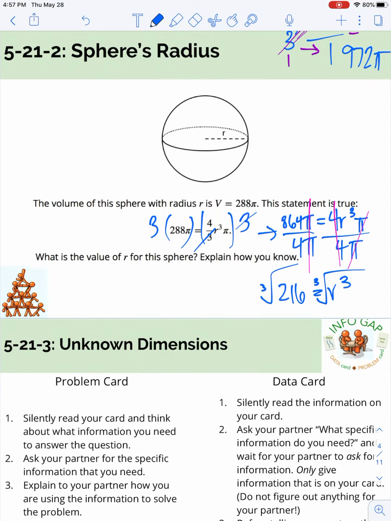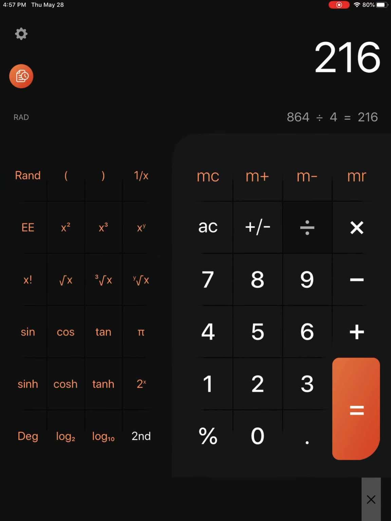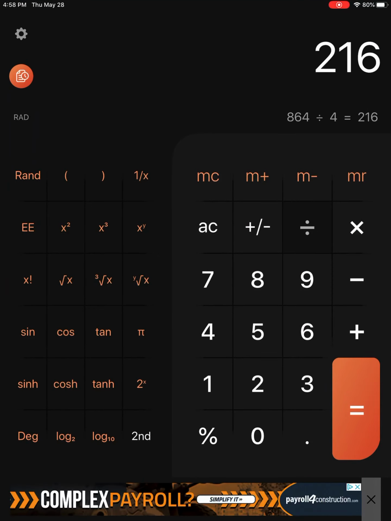If you have one of those Texas Instruments basic scientific calculators, those are the best and super easy to use. I have a cube root key, so I type in the number, which is 216, and then hit cube root. It's 3 rows down and 2 over. I hit cube root and I get 6. I can't draw the little symbol on this because it's not in the drawing app, but the answer is 6.